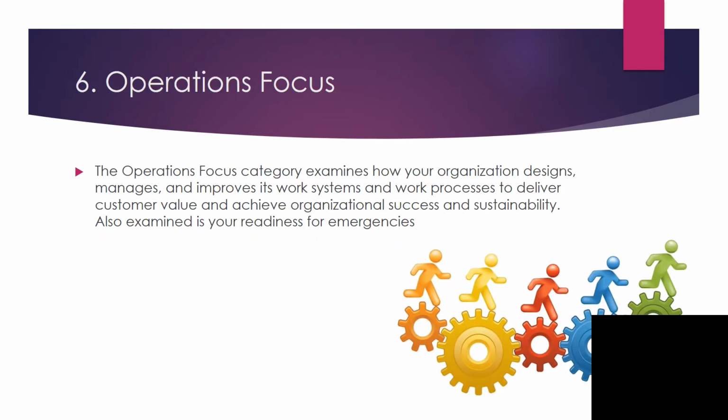Area 6 is operations focus. For this section, reflect on the overall operations of the organization. Consider, what is the management structure of the organization? Is it clear who is in charge? Are you able to locate emergency plans, or maybe an example of how the organization has handled an emergency, or at least an unexpected situation?